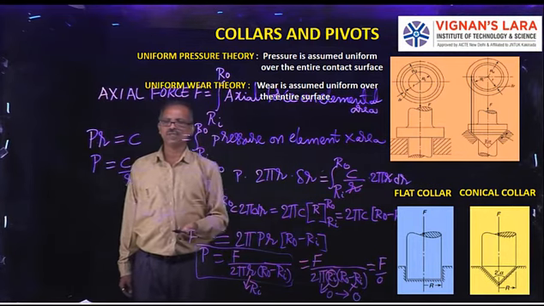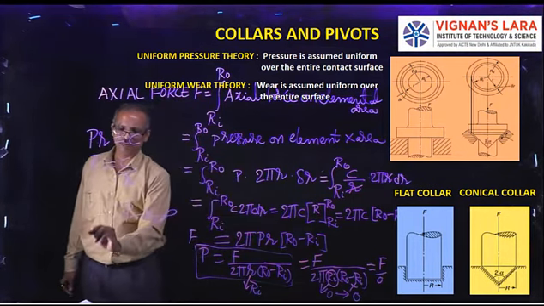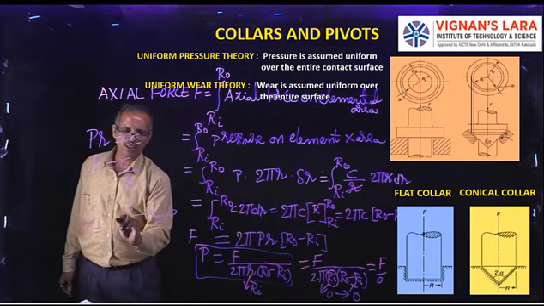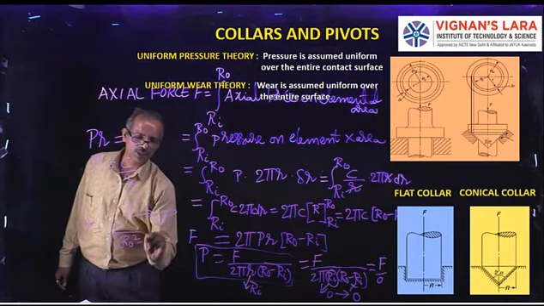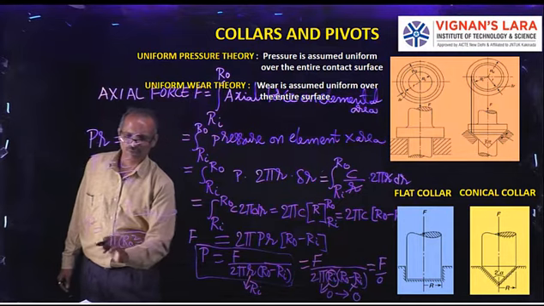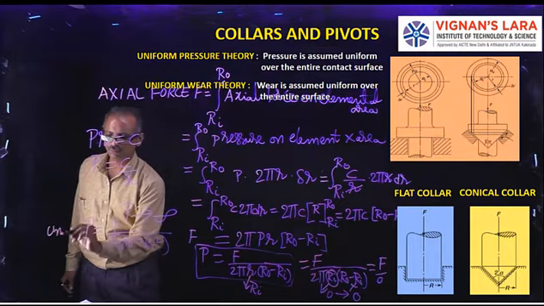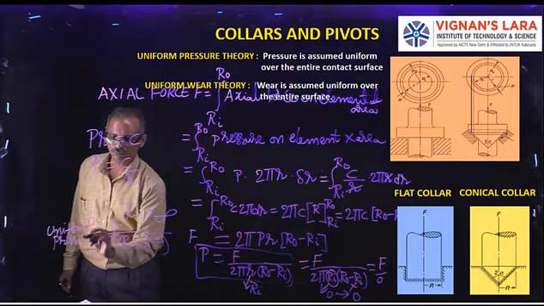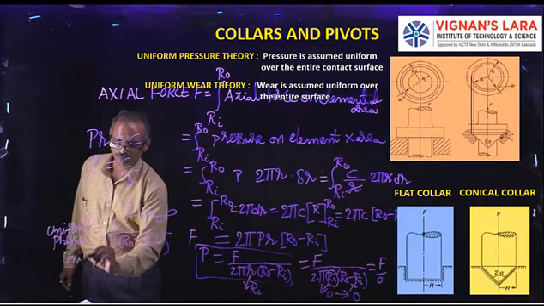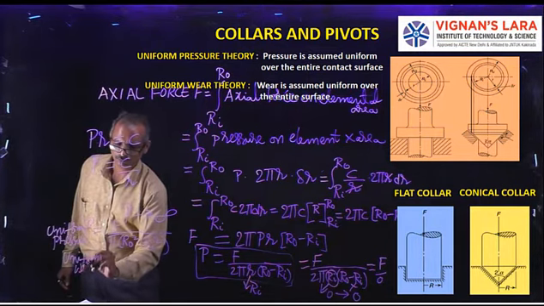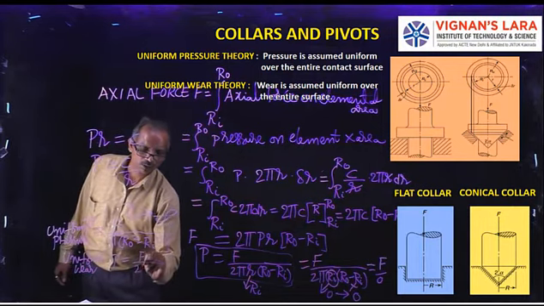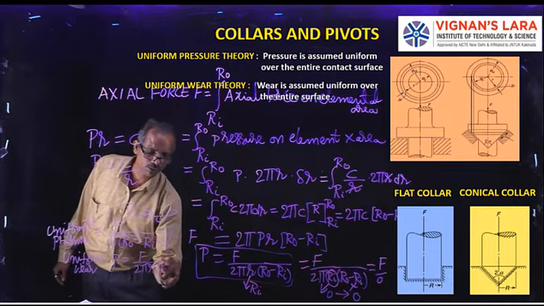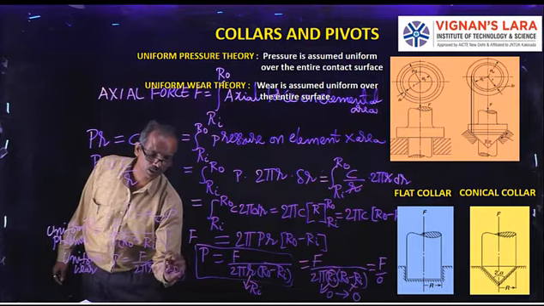So there are two equations we got. What are those two equations? One is the uniform pressure theory, where pressure is F by pi into R naught square minus Ri square. Then the uniform wear theory, where P is equal to F by 2 pi R into R naught minus Ri.